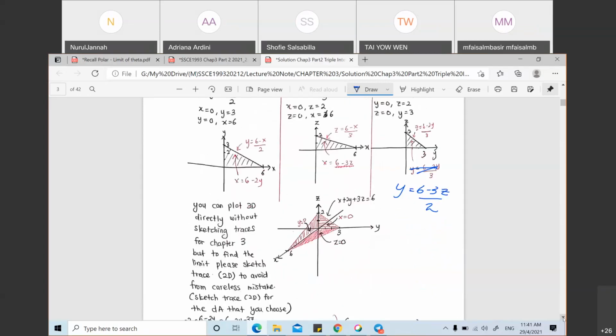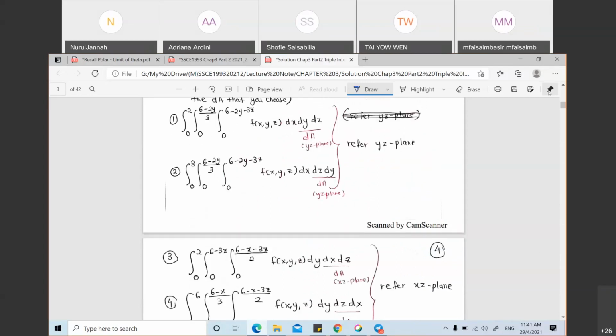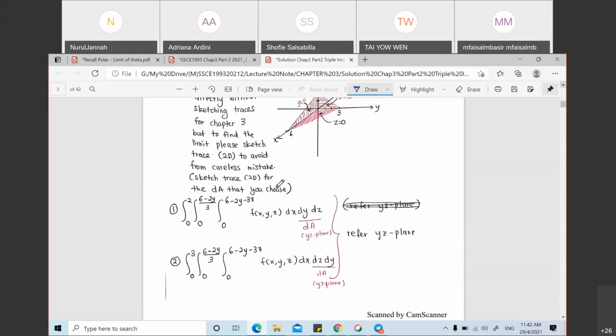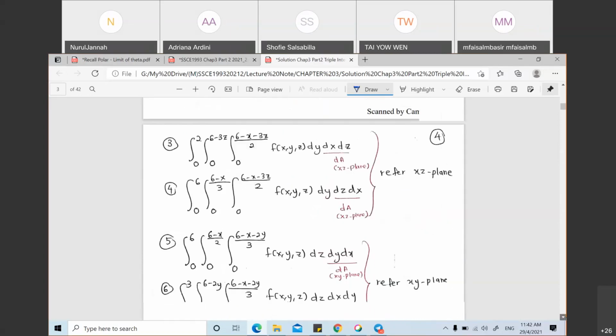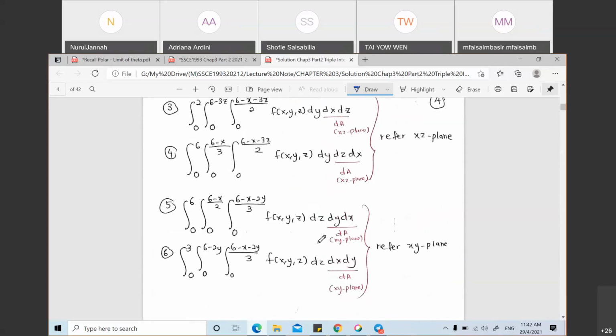So you can plot 3D directly without sketching the traces. But to find the limit, please check the 2D trace to avoid careless mistakes. So the dA now, you can choose. Let's say YZ plane first. I don't know. We start with XY first. So for XY, you have this function dz. Your z is what?